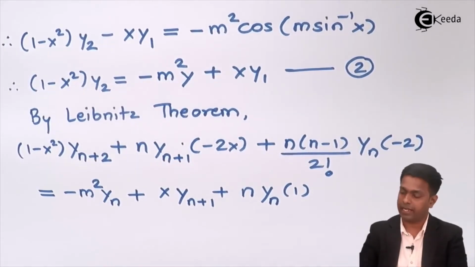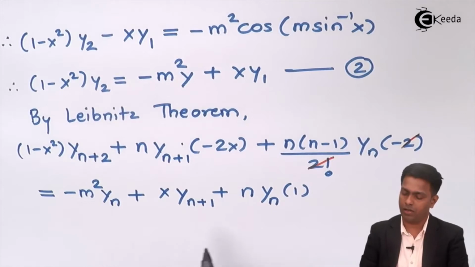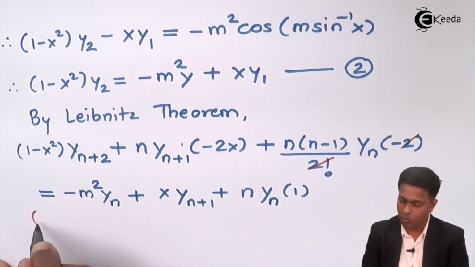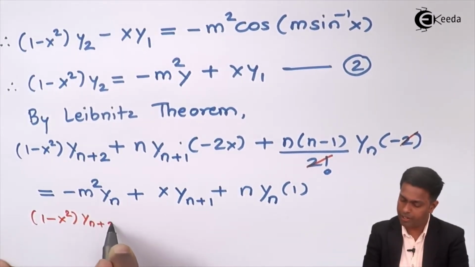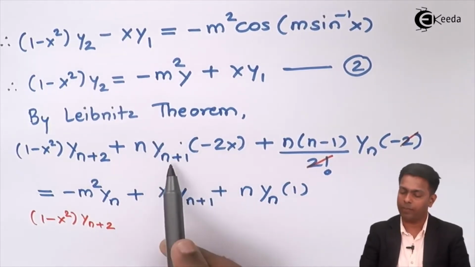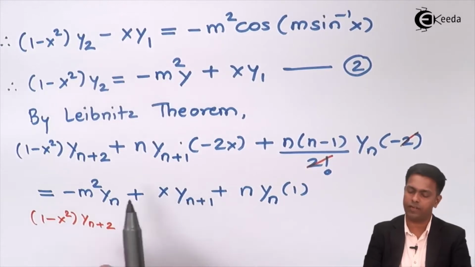So here I can cancel this 2 with 2, and we can take similar terms together. So this (1 minus x square) y of n plus 2 will remain here, because this is a single term. Next, this is the y of n plus 1 term. On the right hand side we have one more term, I'll take this on the left hand side.